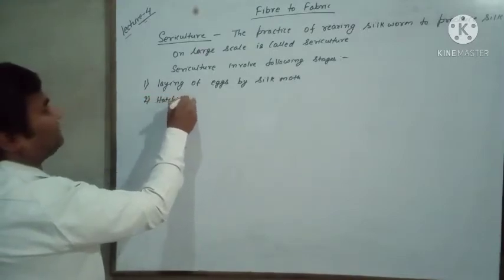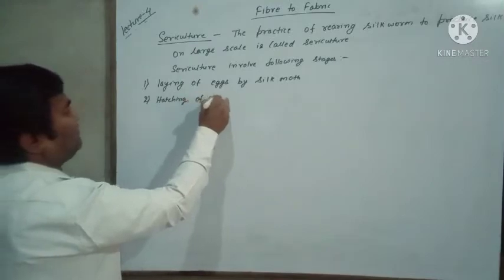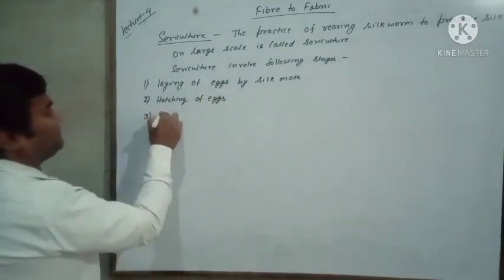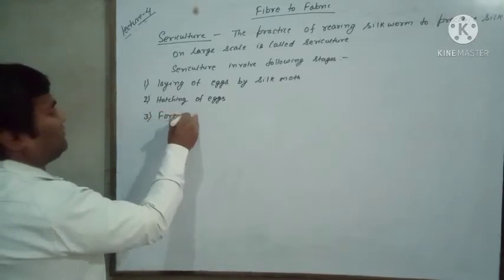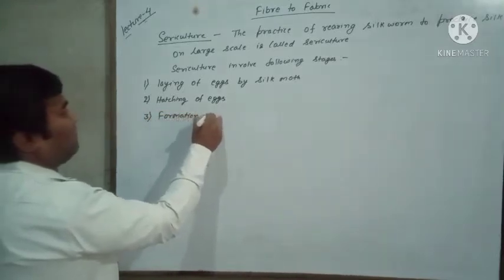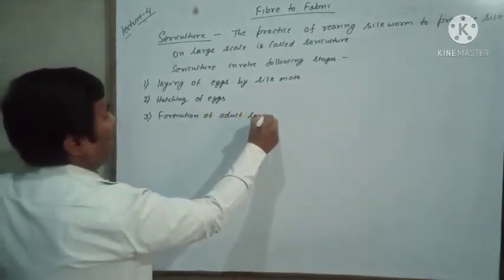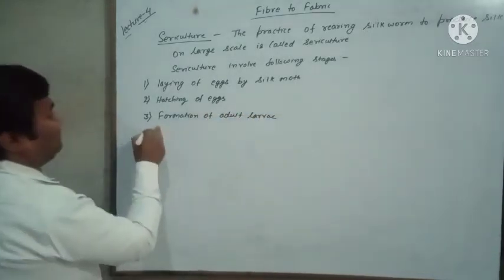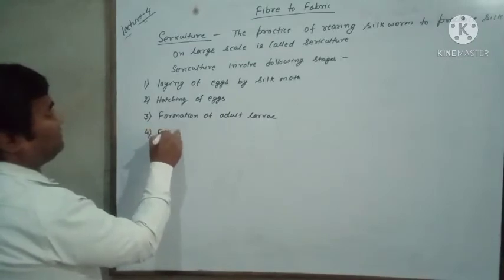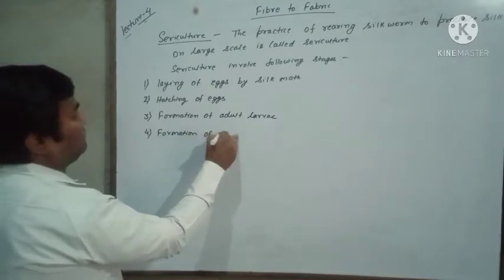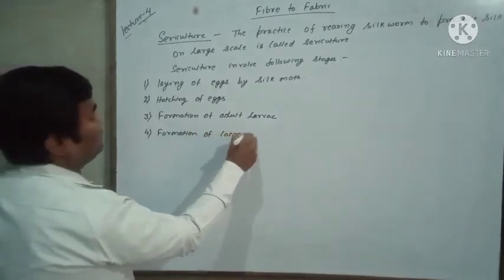Second stage, hatching of eggs. Third stage, formation of adult larvae. Fourth stage, formation of cocoon.